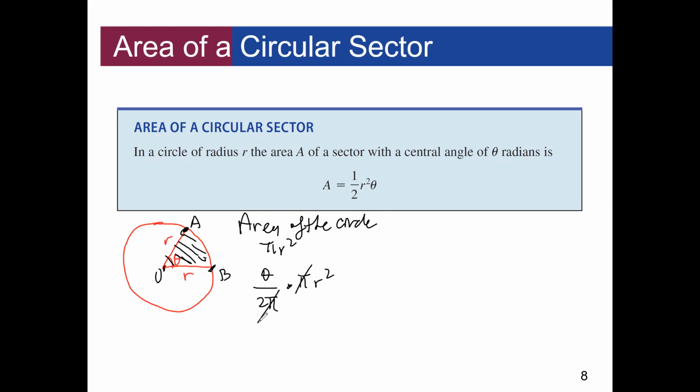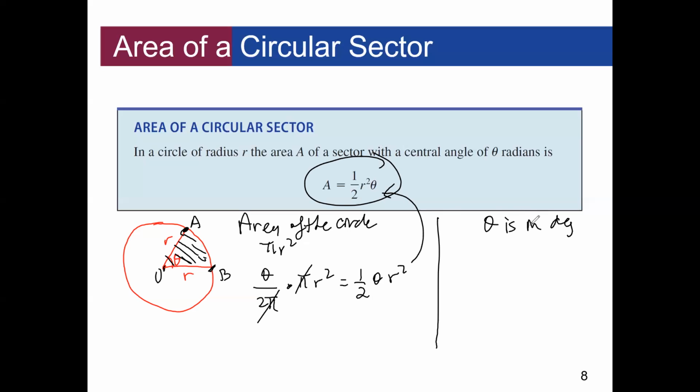So pi cancels, and you get 1/2 theta r squared, which is the formula given here. This formula assumes theta is in radian measure. But theta could be in degree measure as well. If theta is in degree measure, then we'll just do theta divided by 360 multiplied by pi r squared. And this will give us the area of the sector.